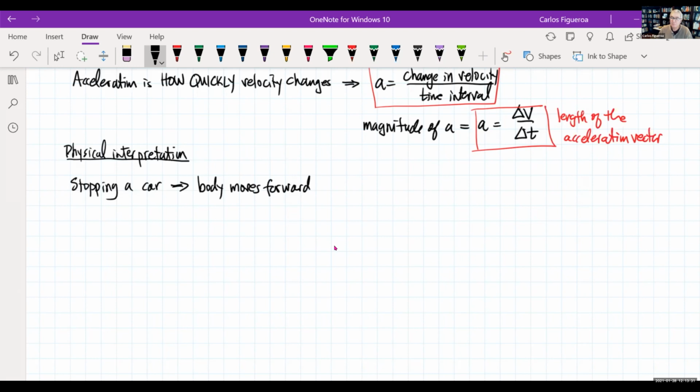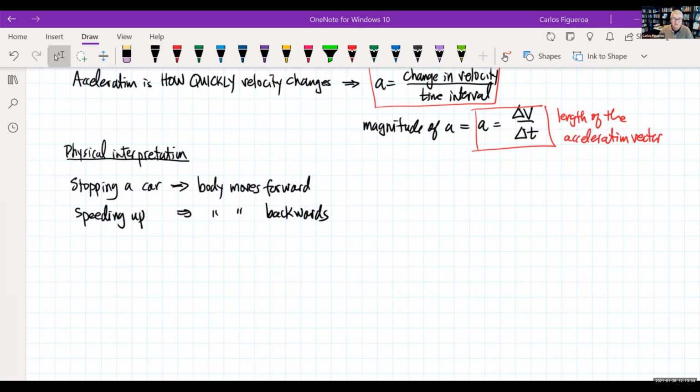That's a frame problem. And then, of course, if you're speeding up, you know that your body in this case, what does it do? It moves backwards. So if it's moving backwards, what do I mean by that here?